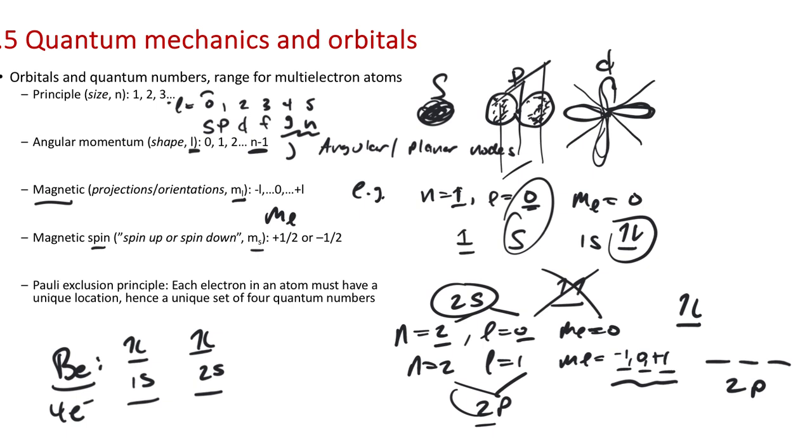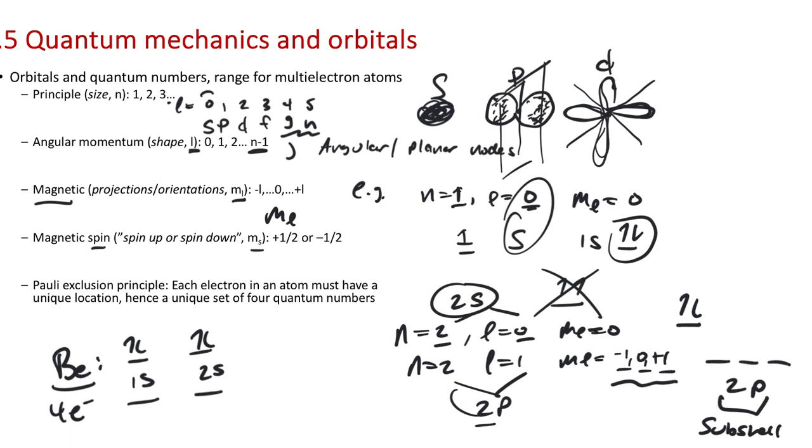The whole 1s could be called a subshell, which doesn't mean much for an s subshell because it's just 1 orbital. When I look at the 2p, this is what I would call a subshell. It's part of the n equals 2 shell. So the n equals 2 shell would be the 2s and the 2p set of orbitals. The 2s subshell, again, is just 1 orbital, and then there's the 2p subshell.